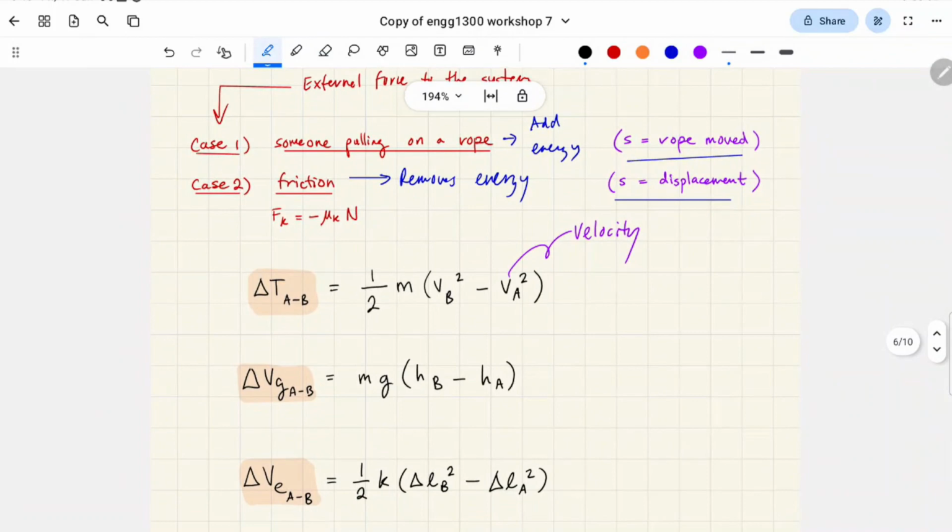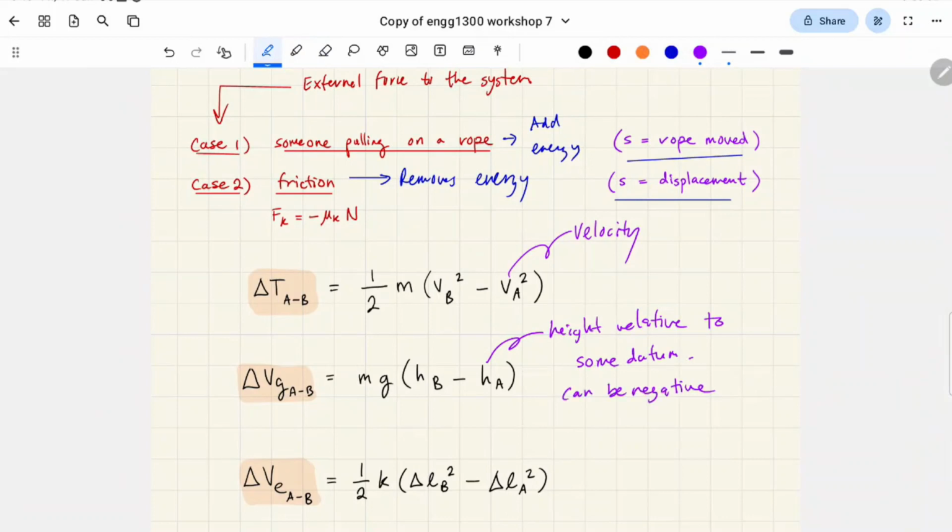Next we have the change in gravitational potential energy, where H is your height. This is pretty much just your change of height, but depending on where you set your datum, just keep in mind that each of these values could be negative, right?